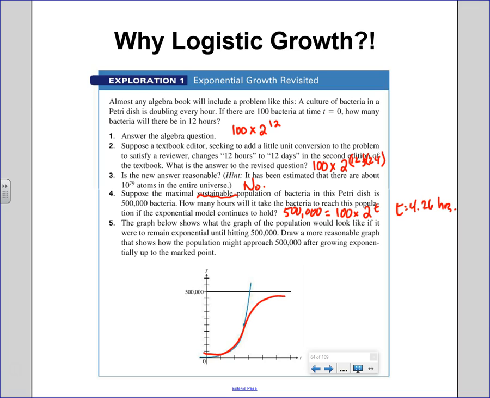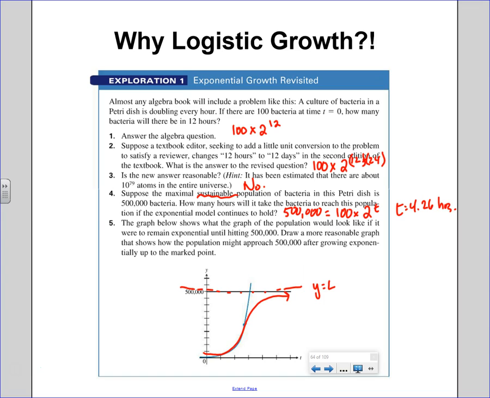So eventually it's going to taper off towards some limiting constant, and that limiting constant is going to be a horizontal asymptote. Guess what the horizontal asymptote is of the one I gave you? 500,000. No, 50. Why do I know that? Because I know what a logistic function looks like. It's the limiting constant over 1 plus c times e to the negative kt.